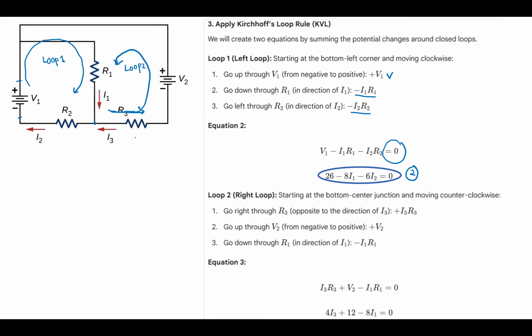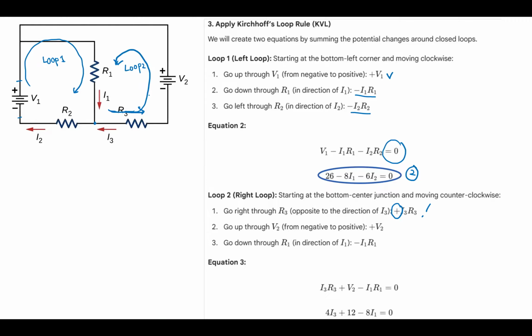The direction of movement is opposite to the current, so the voltage should be positive. I just want you to know that if our direction of movement is the same as the current, then the voltage drop across the resistor is always negative.